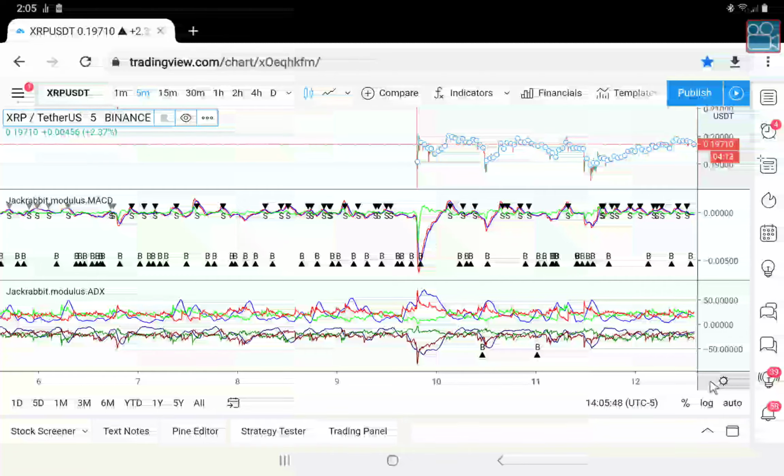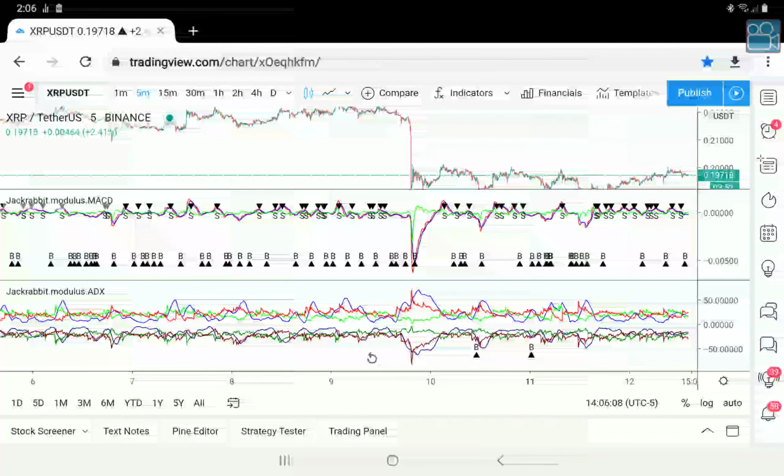Okay. The scale's a little bit scrambled up here, so we'll have to shrink it some. If we can shrink it, it's being stubborn. There we go.